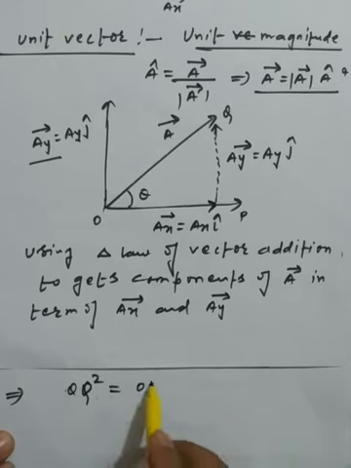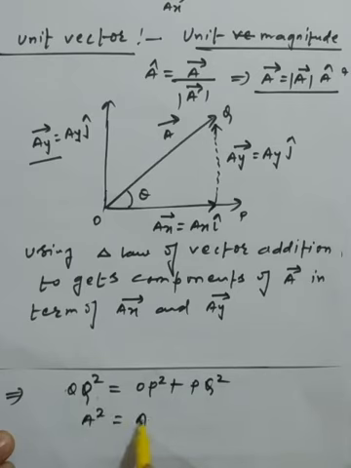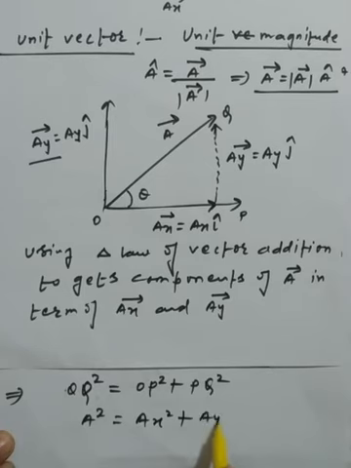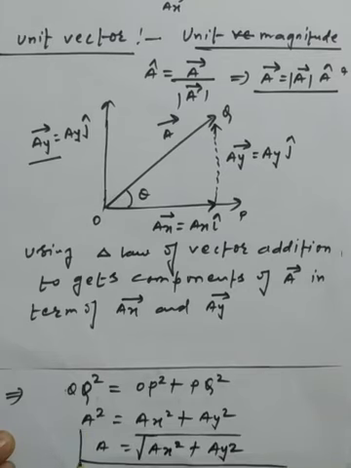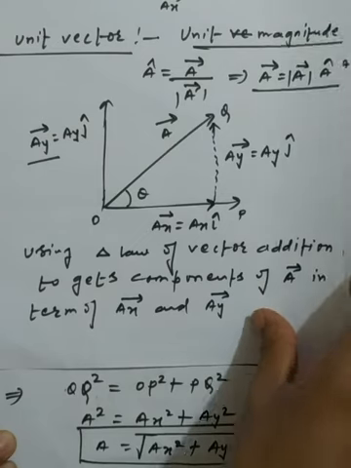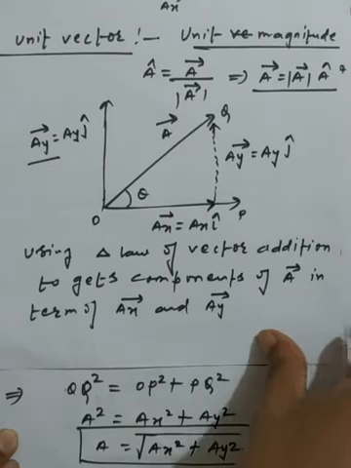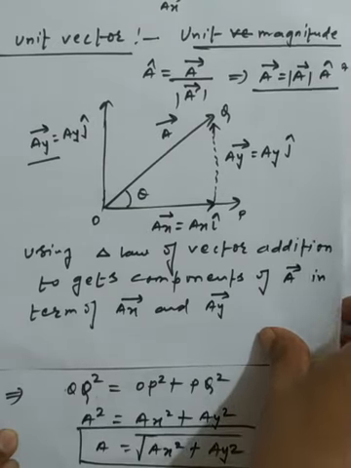OQ square is equal to OP square plus PQ square. This is another method we have. A square is equal to the square of the magnitude, that is AX square plus AY square. So it gives the same thing, AX square plus AY square. So these are the different methods through which we can find the magnitude of a vector A in two dimensions.